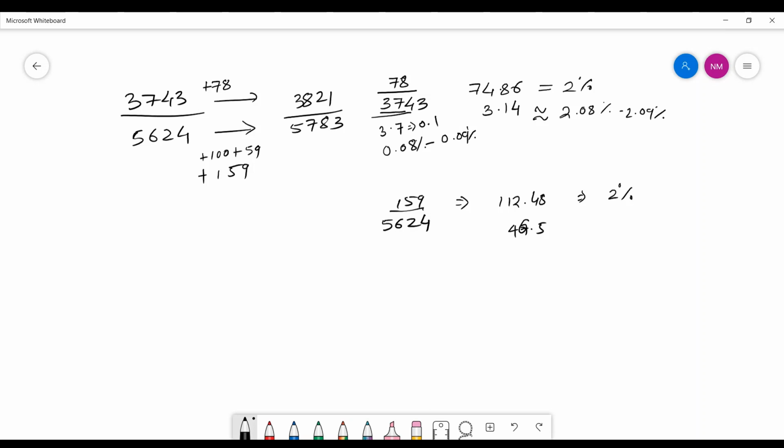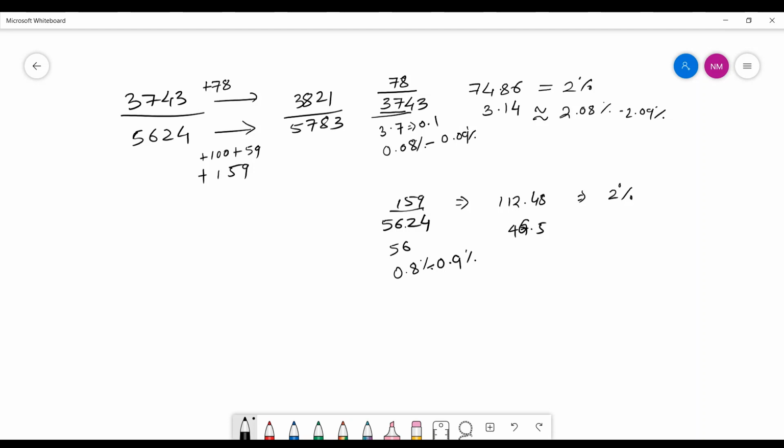Now definitely 46.5 is greater than 0.08 or 0.09%. It is again going to be in the range of, so my 1% is 56, and this is going to be in the range of 0.8 to 0.9%, right?